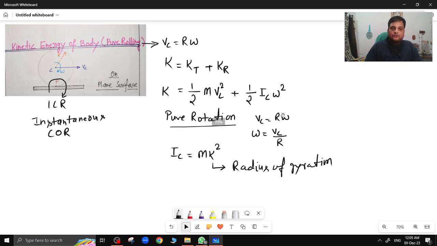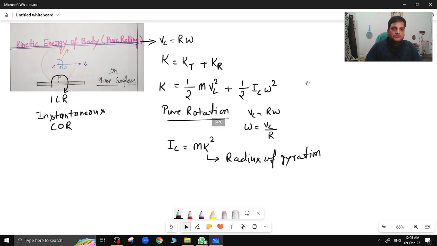Now try to rewrite the above equation in another format. When you write this equation in another format, you will get K is equal to half m Vc square plus half Ic, which is m k square, into, rather than omega square, let's write Vc square by R square. Right? So from here, what can you take common?